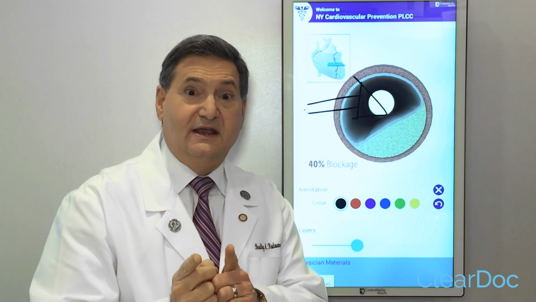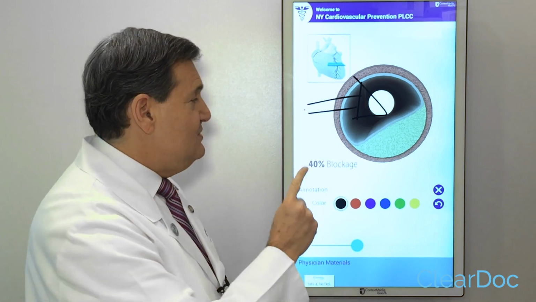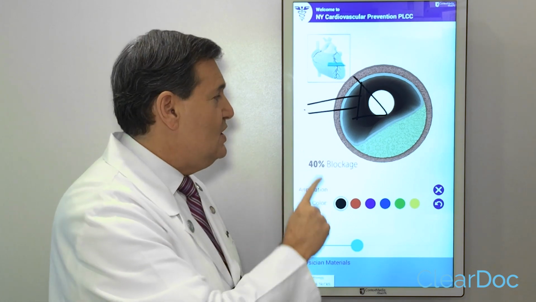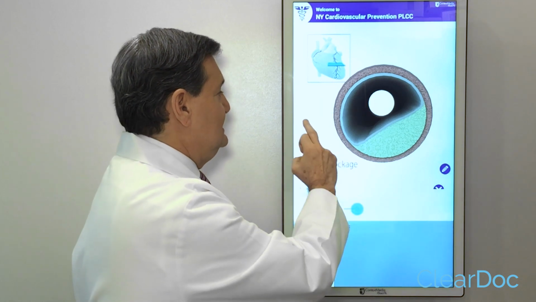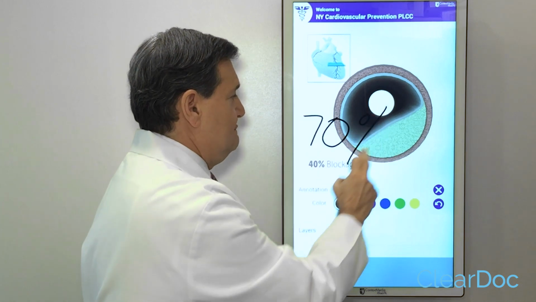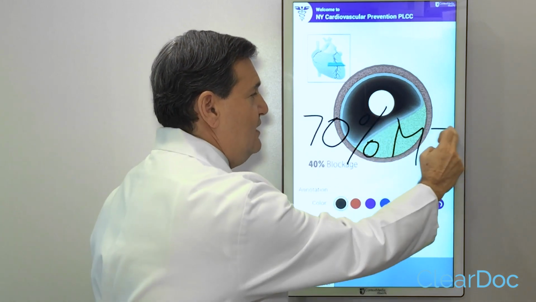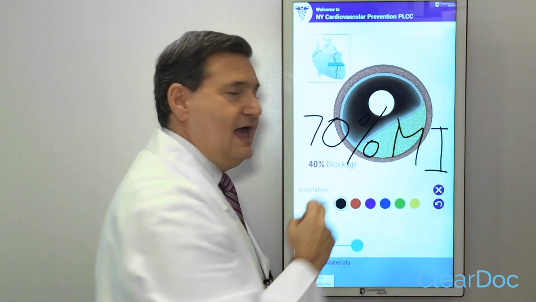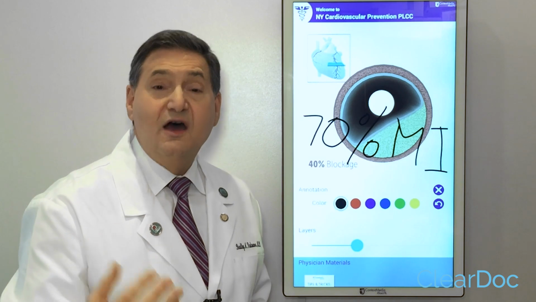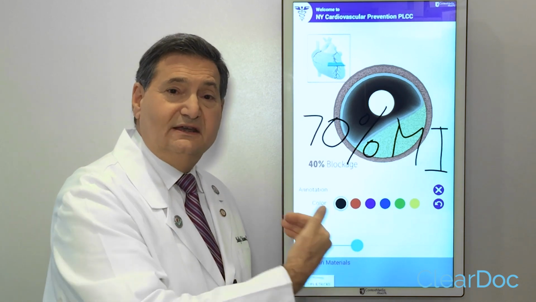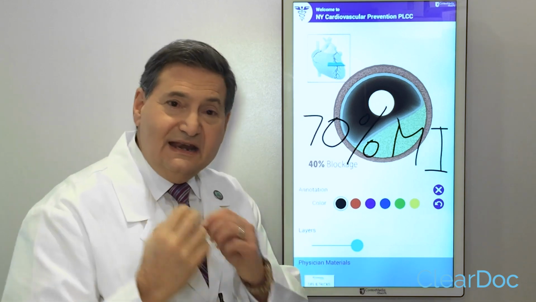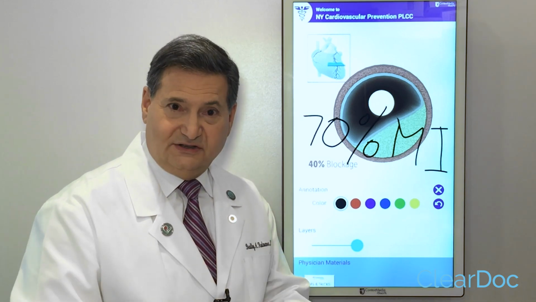Now here's the key point. The key point is this: non-obstructing cholesterol accumulation causes 70% of heart attacks, which are called MIs. So 70% of the heart attacks that occur are due to these non-obstructing cholesterol accumulations, we call them cholesterol plaques, that cannot be picked up on a stress test.